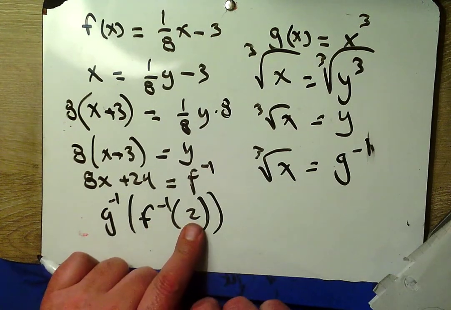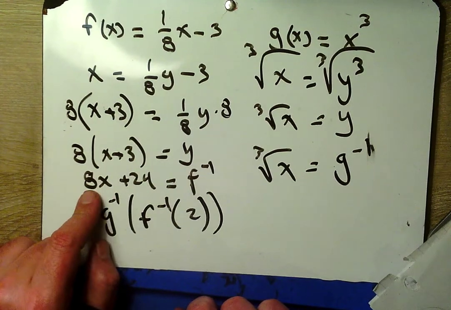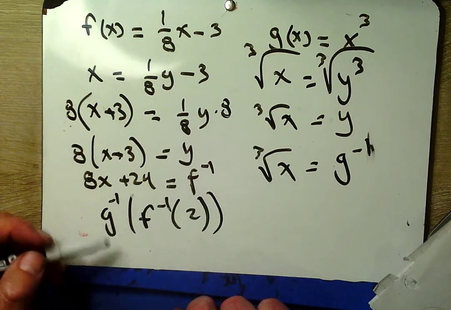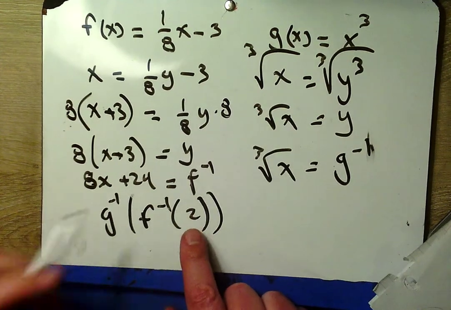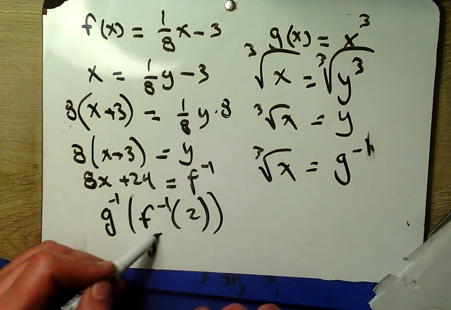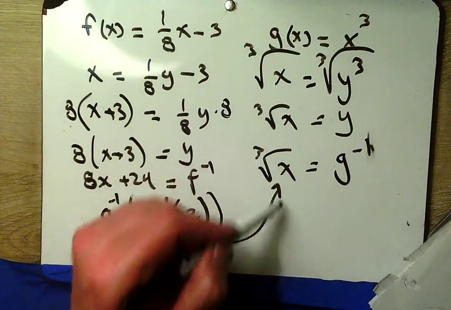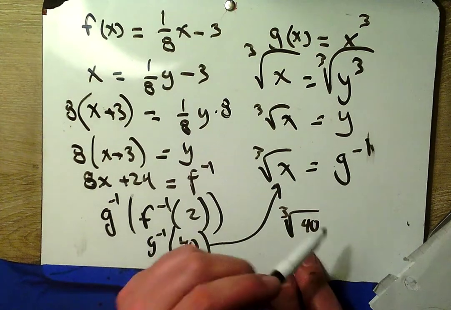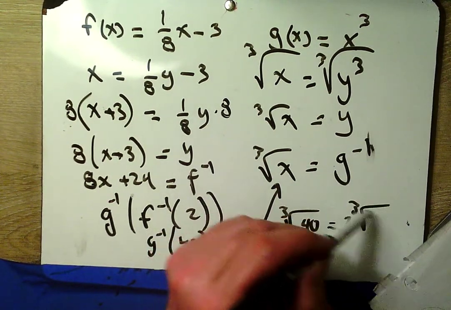I just plug a 2 into f inverse. 2 times 8 is 16. 16 plus 24 is 40. And then I want g inverse of that number. And so g inverse of 40 means cube root of 40. I guess you could tidy this up because this is 8 times 5, so 2 cube root 5.